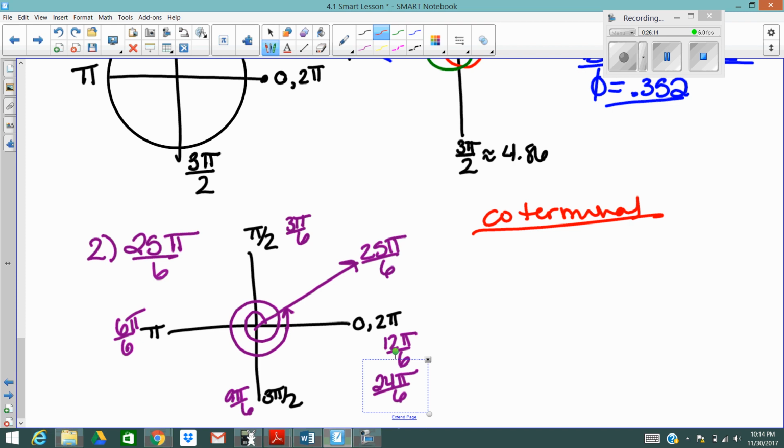Since I have already gone around my circle more than once, I can subtract 2 pi to get a positive coterminal angle.